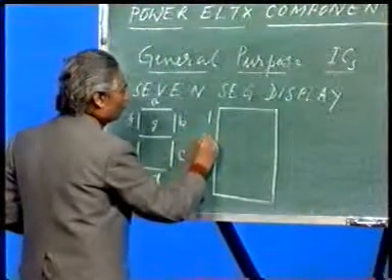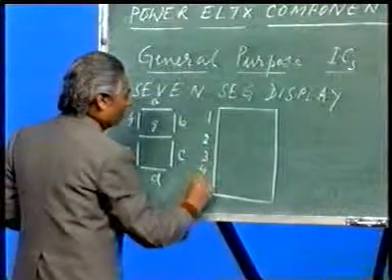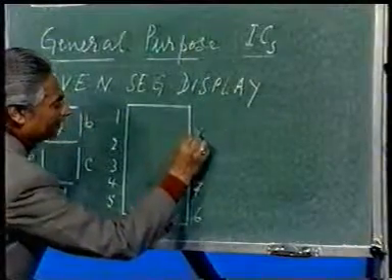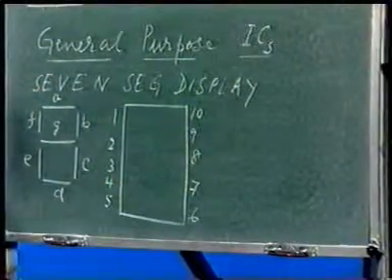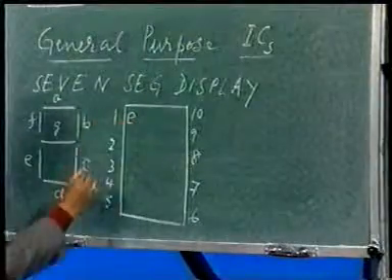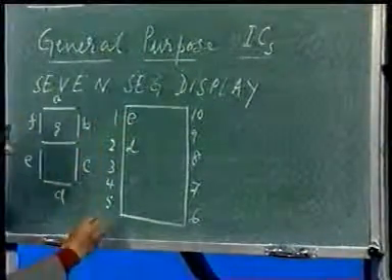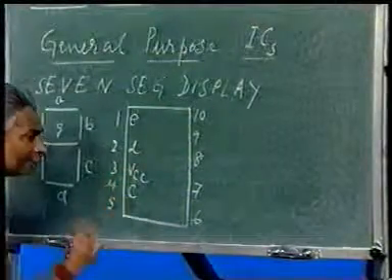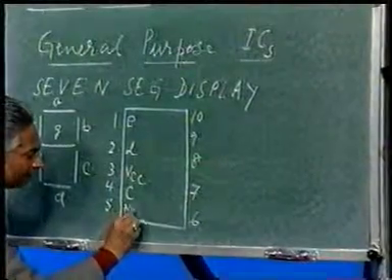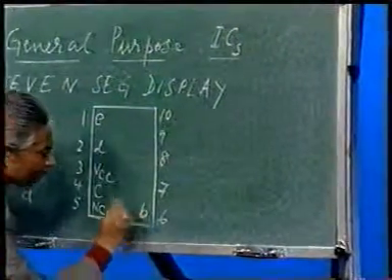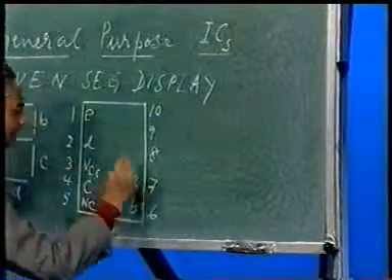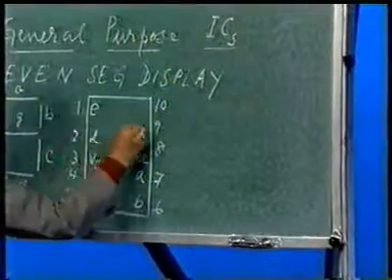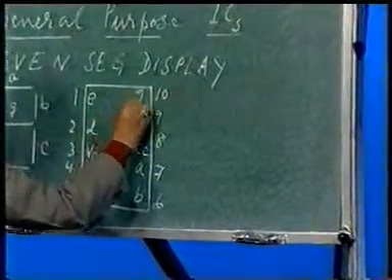So numbers are 1, 2, 3, 4, 5, 6, 7, 8, 9, 10. 1 is E, 2 is D, 3 is VCC, 4 is C, 5 is no connection, 6 is B, 7 is A, 8 is again VCC, 9 is F and 10 is G.